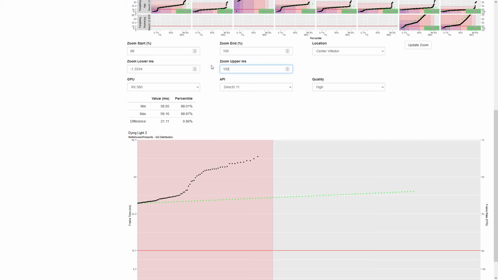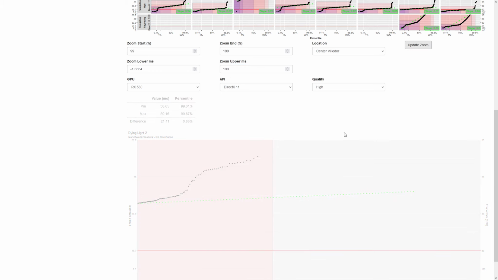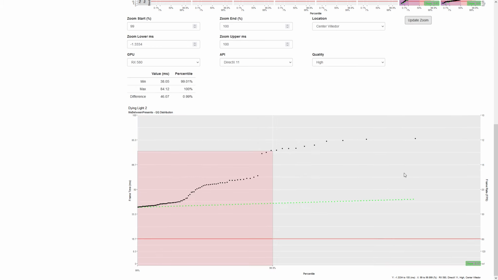Let's really exaggerate. Okay, no. It was here to here that was the range we were seeing. Now we're actually including the rest of the data. So that last 1% has a range of 46 milliseconds. That's terrible. But it's 1% of the data. We don't care.